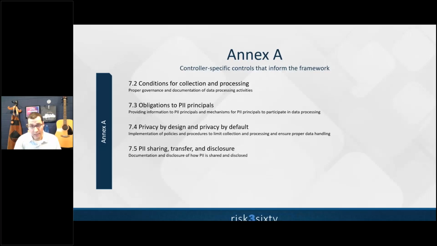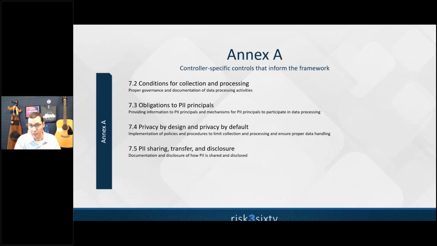All right, so the next section that I want to cover in 27701 is Annex A and the controller-specific controls within the framework. It starts with conditions for collection and processing.